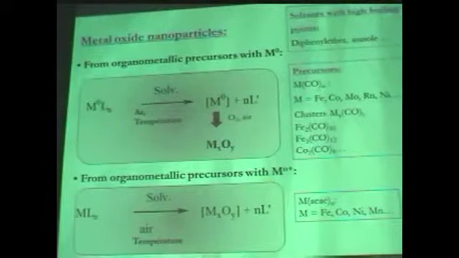The classically used precursor, it's not organometallic, it's a coordination complex, is M-acetylacetonate of transition metal ions, such as iron, cobalt, nickel, etc. And by thermolysis of those precursors, now in air, because we don't need nitrogen or argon atmosphere, we obtain the metal oxides.